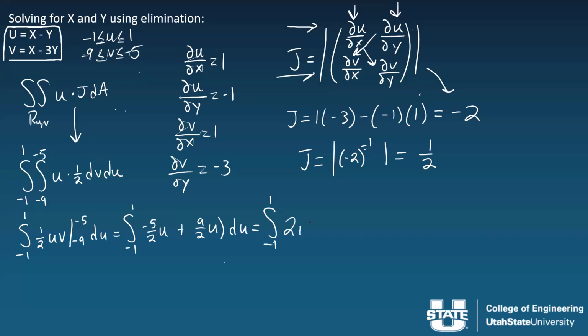So we just end up with 2u du. Now when we integrate, we just end up with u squared from -1 to 1. So we get 1 minus 1, 0. Yes, a little anticlimactic, but the answer we got was 0.